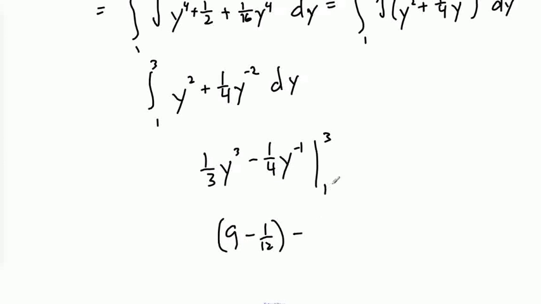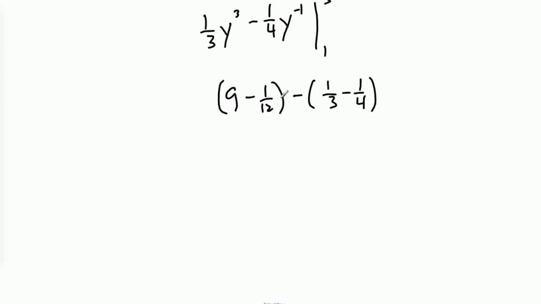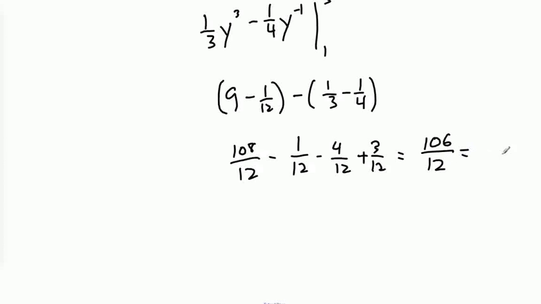Then we subtract what we get with 1 plugged in, which is 1/3 minus 1/4. If we put everything over a denominator of 12, this is 108 over 12 minus 1 over 12, then minus 4 over 12, then plus, because I distribute the negative, 3 over 12, which ends up being 106 over 12, which equals 53 over 6. That's it.